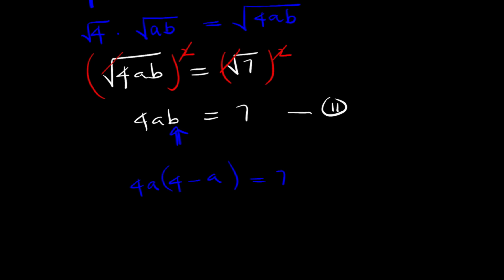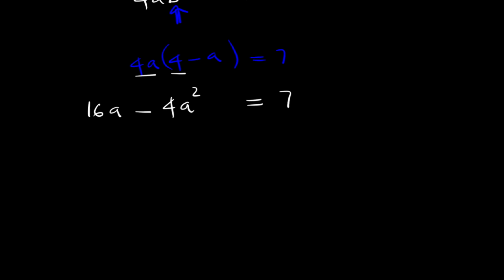Let us open the bracket. 4a times 4 is 16a, then minus 4a times a, that's 4a squared, then that is equal to 7 on the right hand side. We'll rearrange this to give us 4a squared minus 16a, then plus 7 is equal to 0.